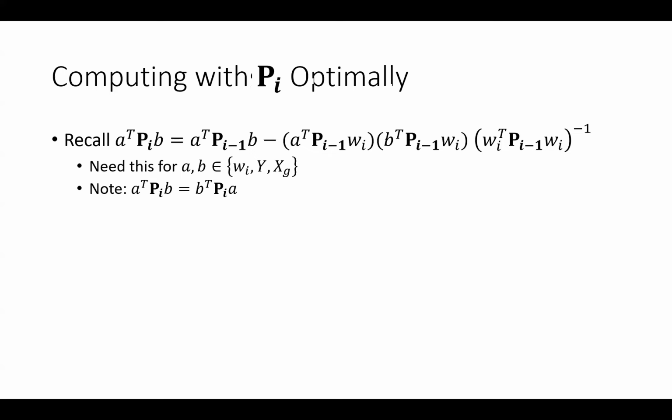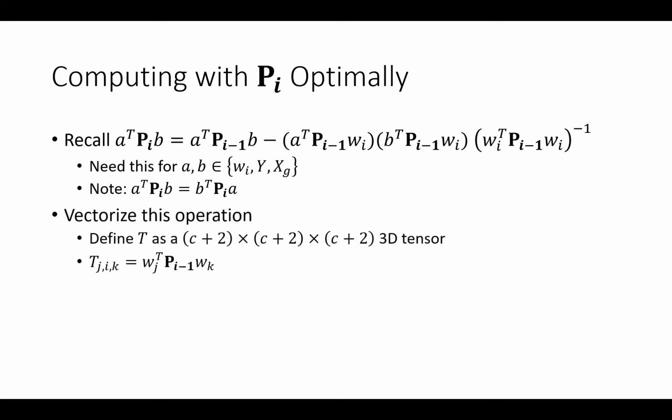So that's a nice property that we get to work with. We want to vectorize these operations. So we define T as a three-dimensional tensor that is C plus 2 by C plus 2 by C plus 2. And we define it that way, so roughly, Wj transpose Pi minus 1 Wk is equal to our stored in Tjik.